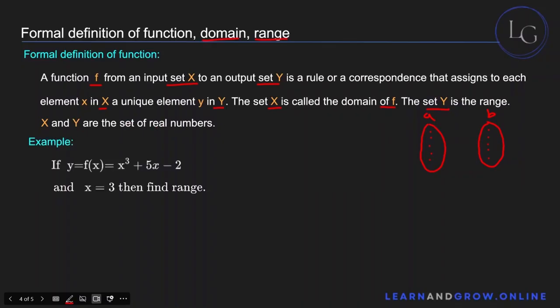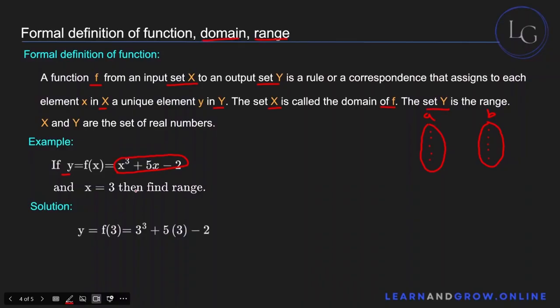So here are some examples. You have this function that relates the output y with the input x, right? This whole correspondence is a cubic equation. When you put x equal to 3, you have to find the range. That's the question. So this is how you do it.